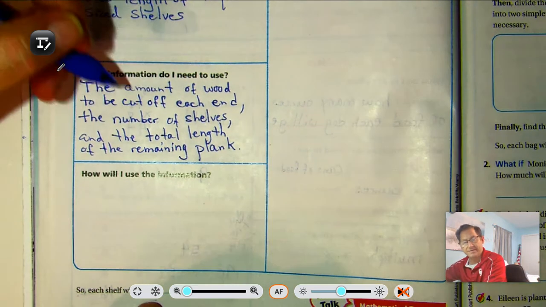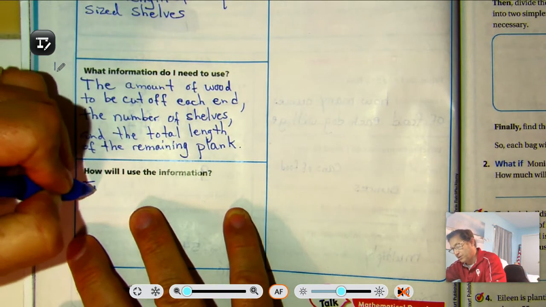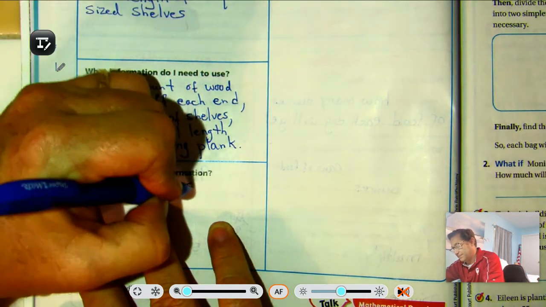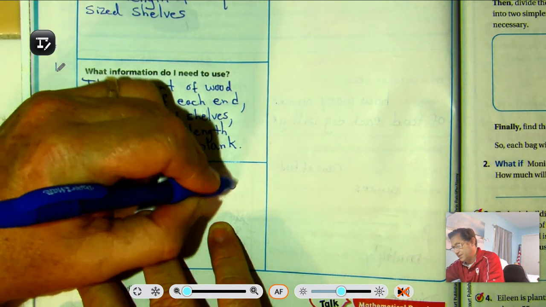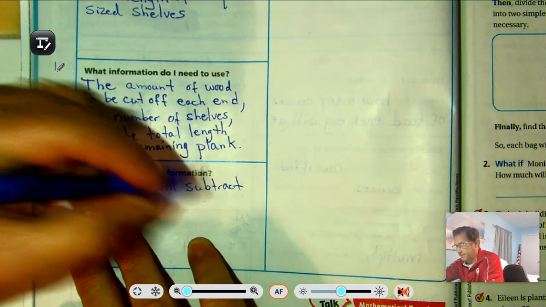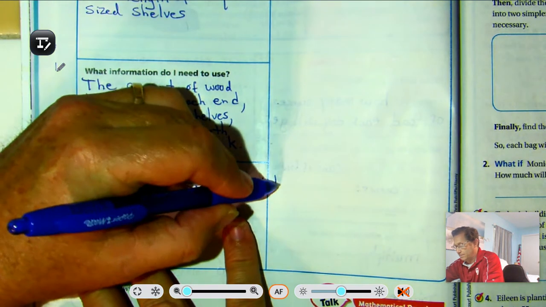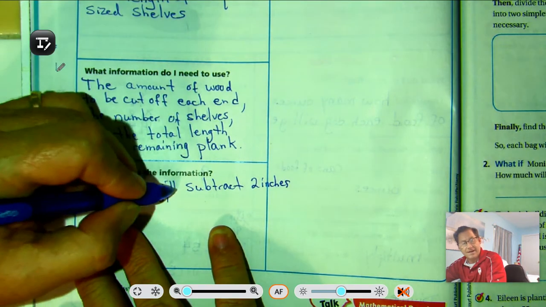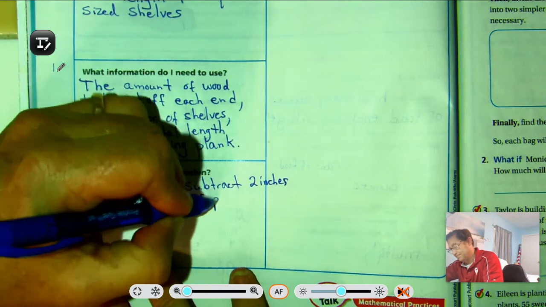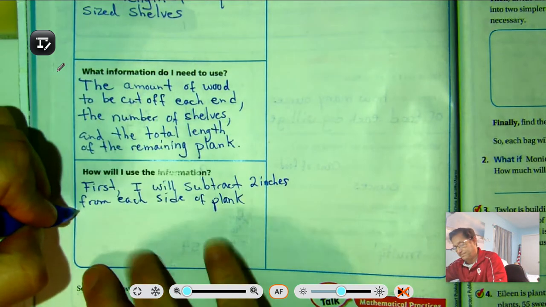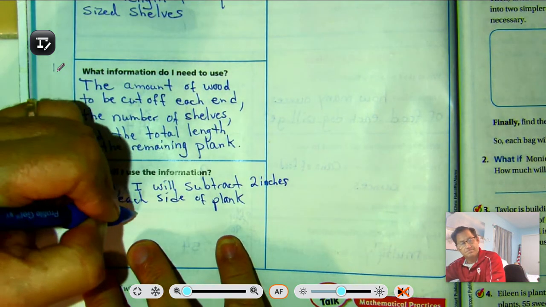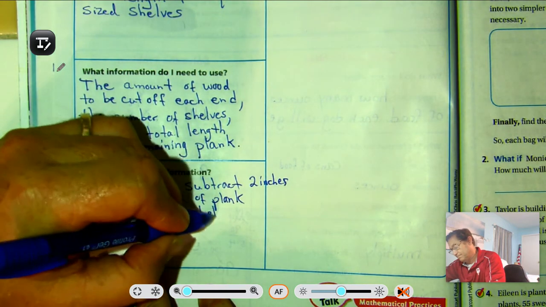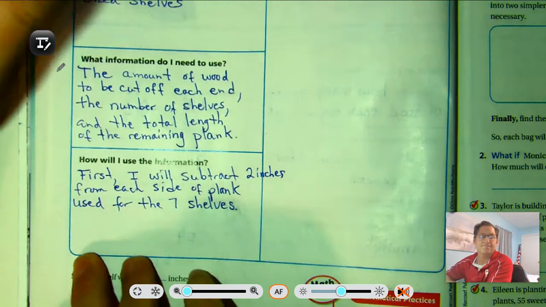So how will you use this information? Well, first, I will subtract 2 inches from each side of the plank. Right.